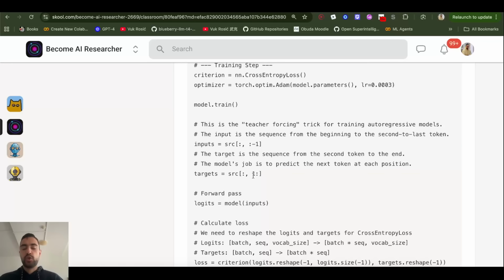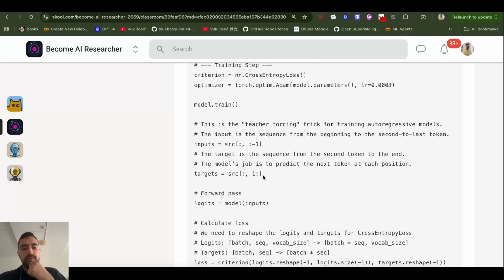So token 0 is not in the targets, because here in the inputs, we will start with just one token, and we want to predict the next token. So the target cannot be the first token, because we can start from the first. We cannot start from nothing. So we're not training the model to start from nothing. We are training the model to start from at least one token. So that's why the target cannot be that first token.